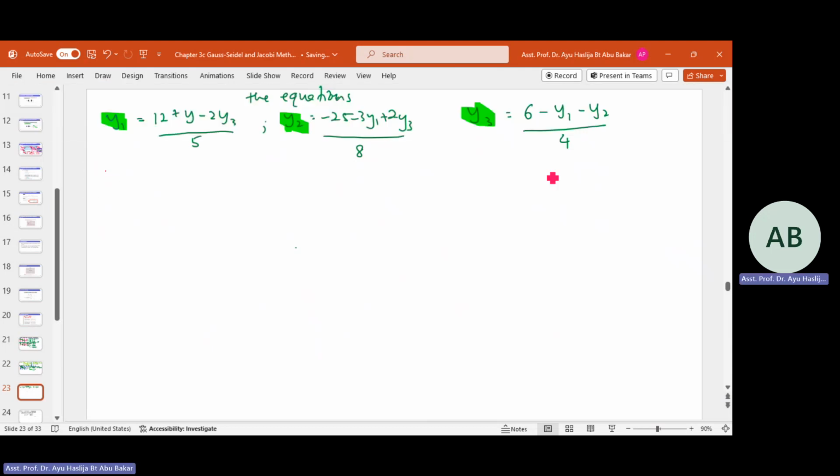Up to there. Okay, follow me closely, because I want to explain both methods together. So next step, step 3, iteration.